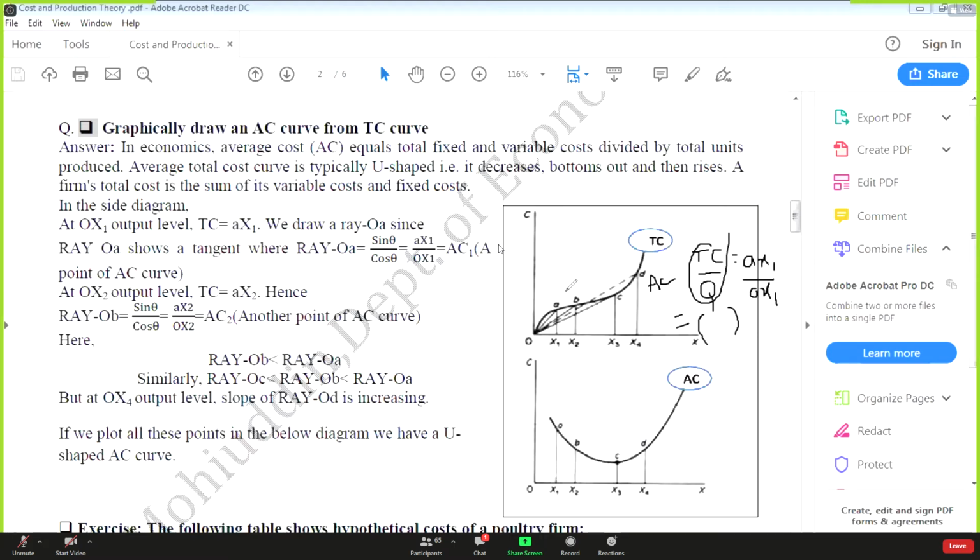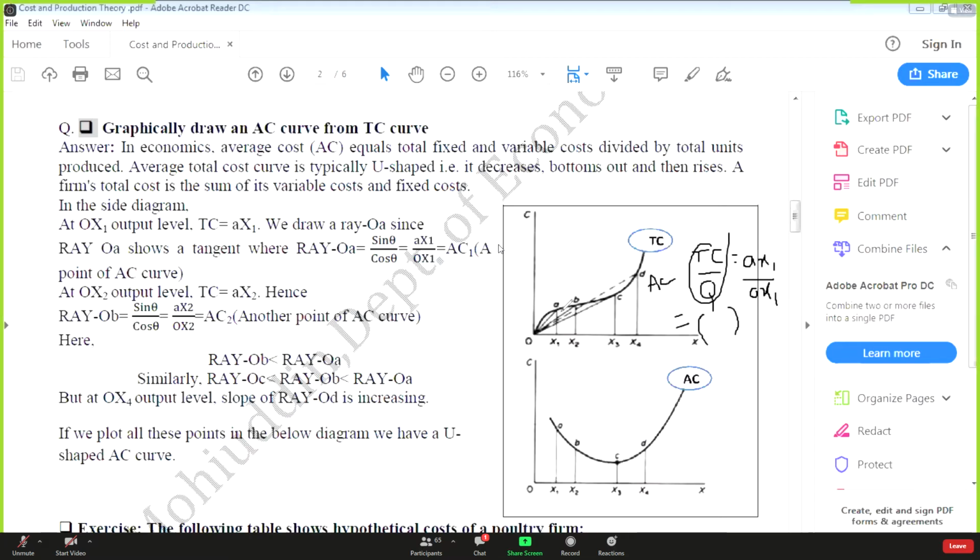This ray and this ray, which one is steeper? OA is steeper, and OB is falling down. OB is less than OA.